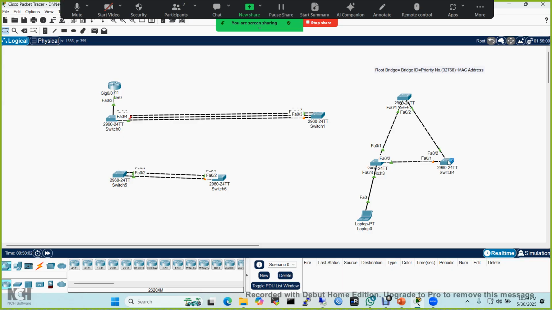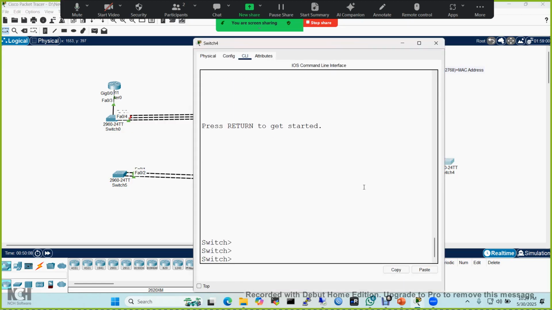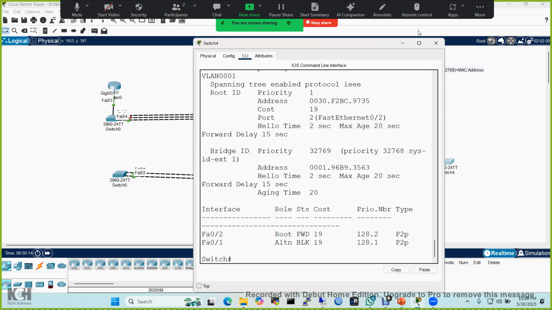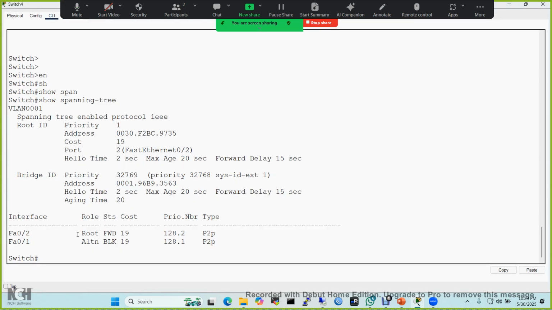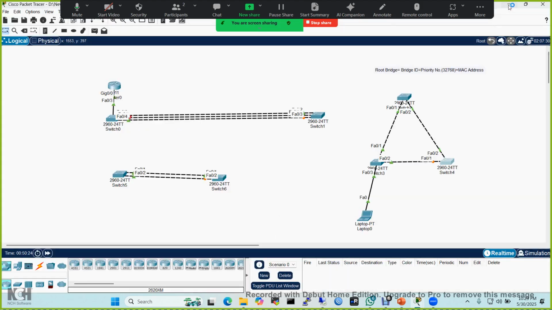Now I am checking: FastEthernet 0/2 will be the root role, isn't it? What is the command? Enable, show spanning-tree. You can check. Is it the root role? Are you clear which port will be in the root role?